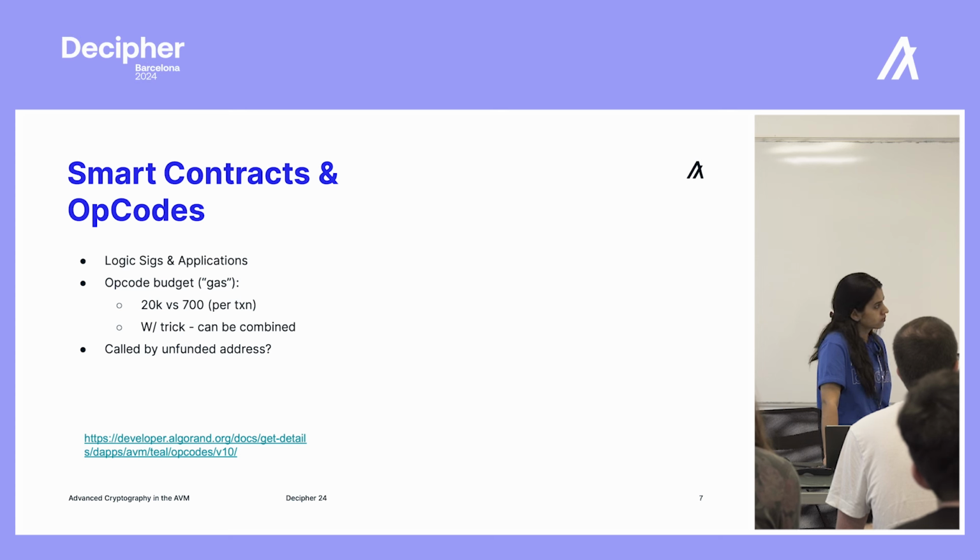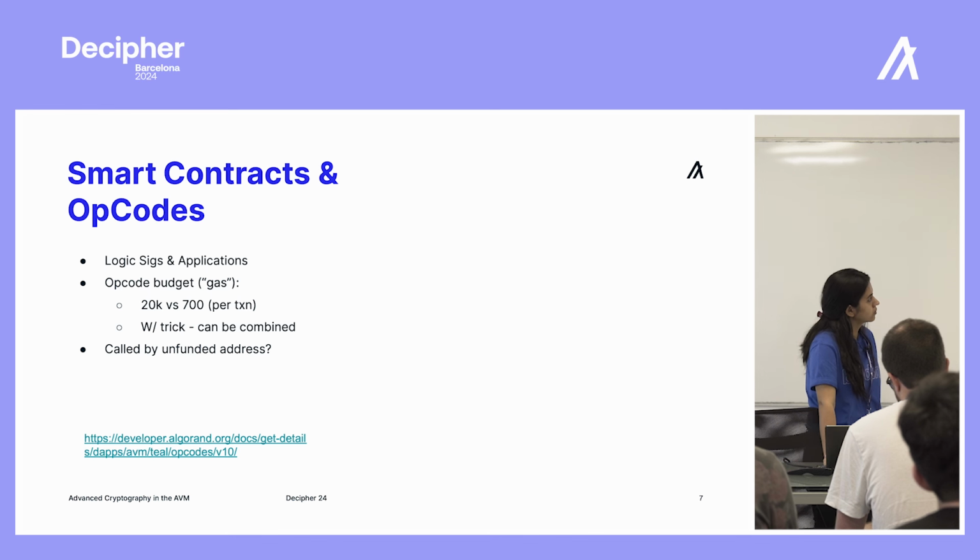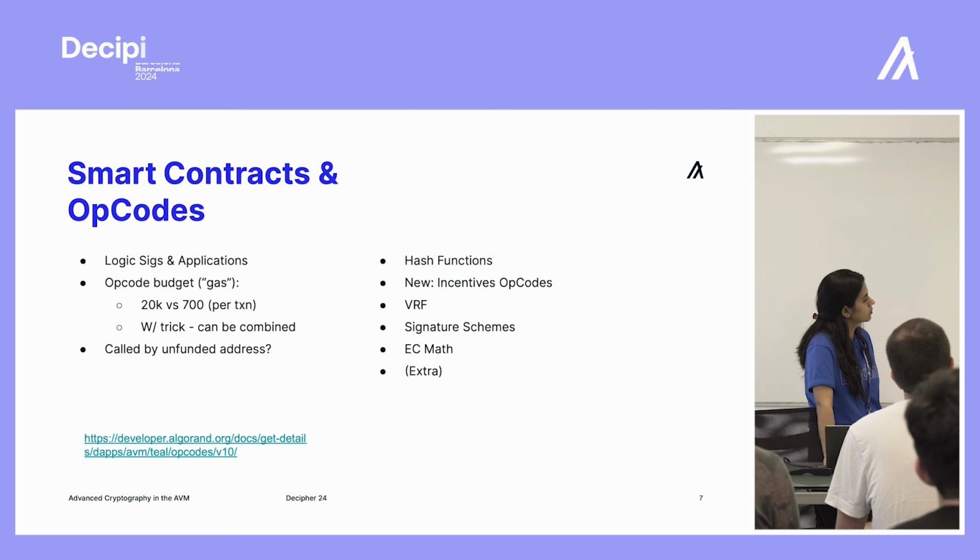Whereas on Algorand, someone could just post the logic SIG and the smart contracts, and then take a step back. Users can themselves, even though they don't have any algos yet, call the logic SIG in a group transaction, and as long as by the end of that group transaction it has been funded, it's fine. So these are some of the things I'll be going through, and there's also an extra part at the end. Let's move on.